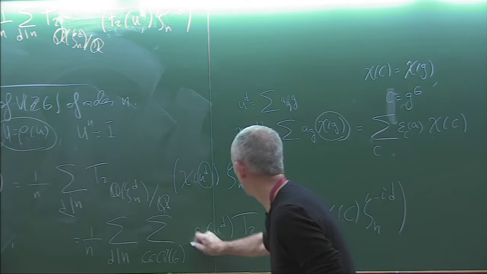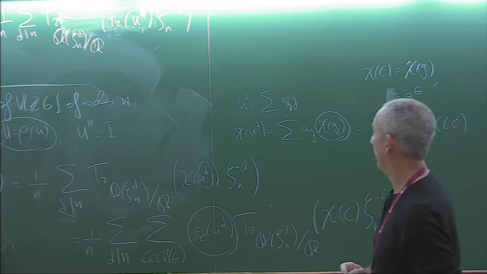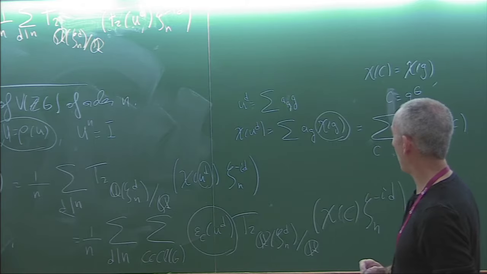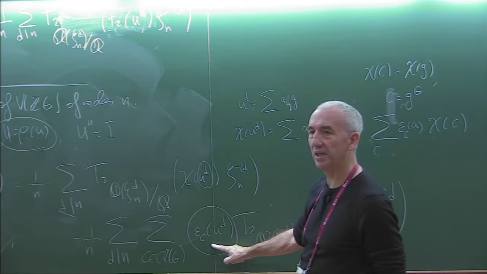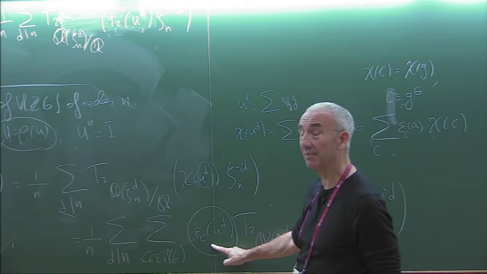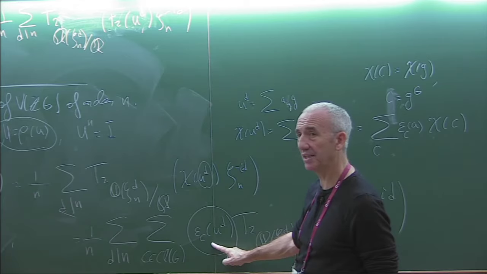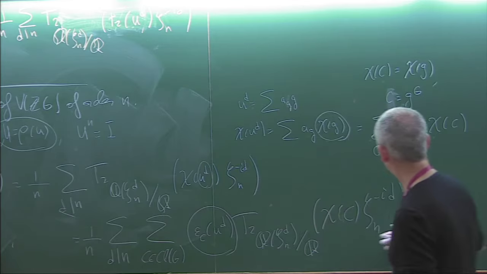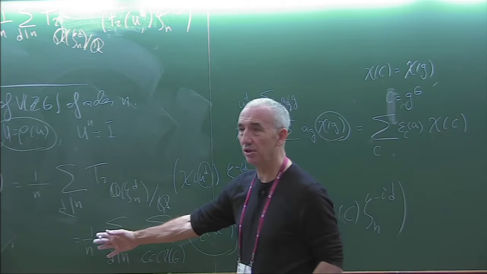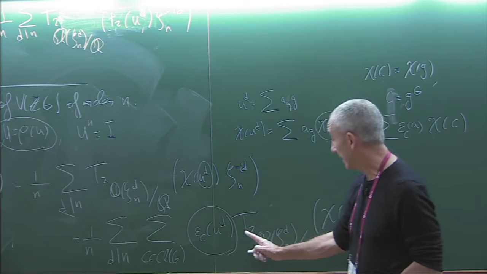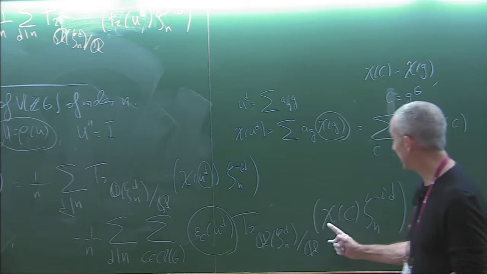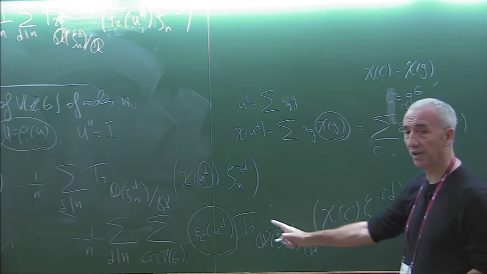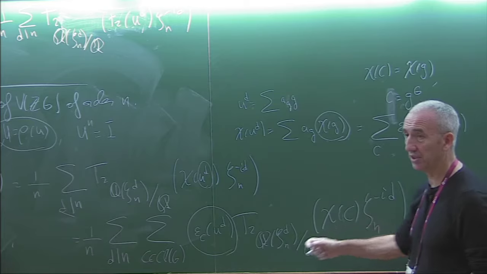Okay. And these are the elements that we want to show are integers. Non-negative, I'm sorry. These are integers. I want to show that these are non-negative. So we have here a linear combination of these elements. These are integers because these are algebraic integers, and therefore a trace of an algebraic integer is an integer.